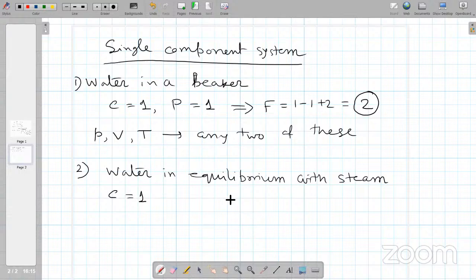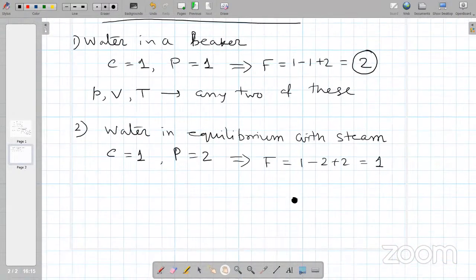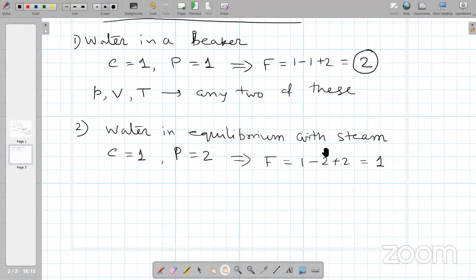It's a single component system, only water. Capital P in this case will be equal to 2. And that immediately tells you F will be equal to 1 minus 2 plus 2 is equal to 1. That means, the moment we have a phase equilibrium system between liquid water and its vapor, the degree of freedom reduces from 2 to 1.